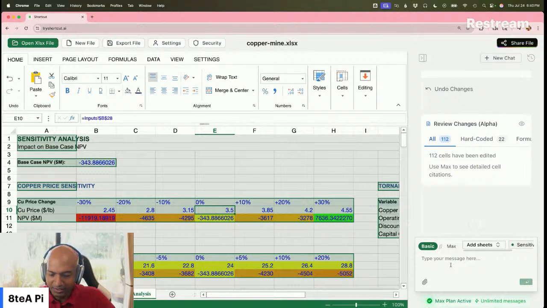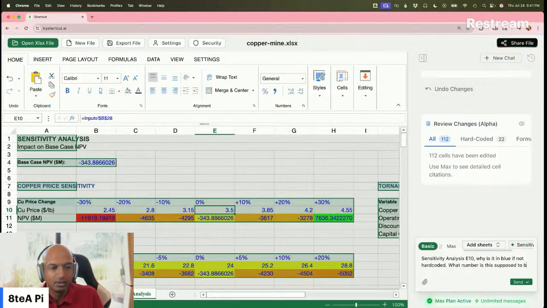All right, let's see. Sensitivity analysis. This is E10. Why is it in blue if not hard coded? First question. What number is this supposed to be?